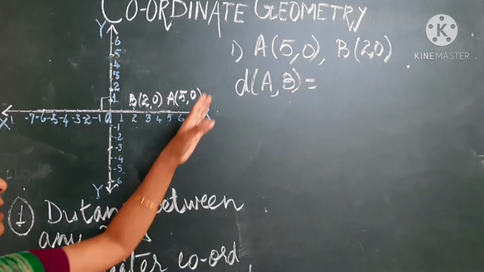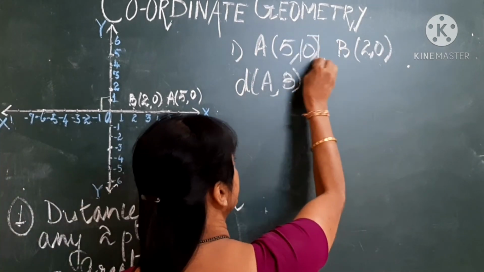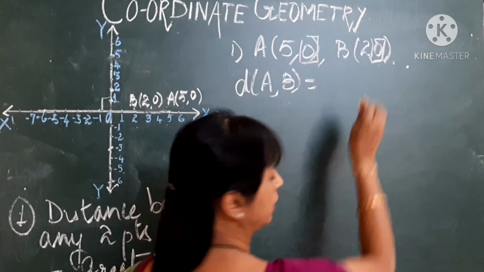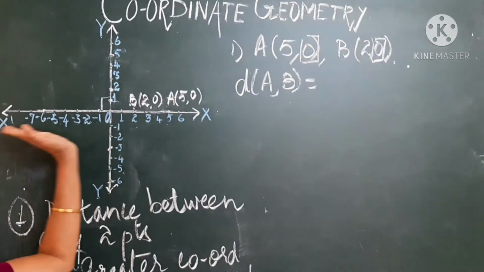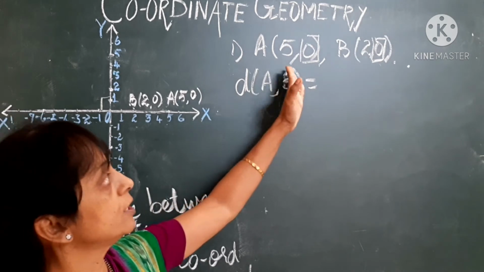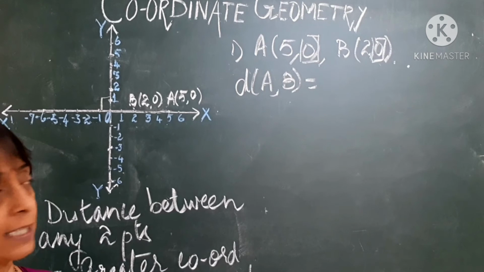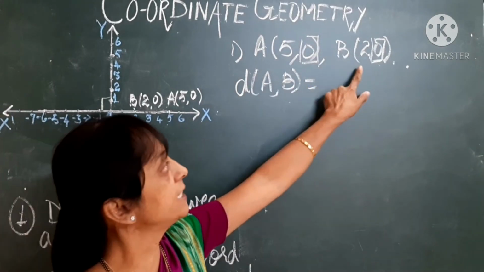If you look into this problem in more detail, we see that the y-coordinates both are 0 because the point is lying on the x-axis. So what do we do? How do we apply this formula? That is greater coordinate minus the smaller coordinate. So where do we concentrate on? We concentrate on only the x-coordinates. 5 and 2.